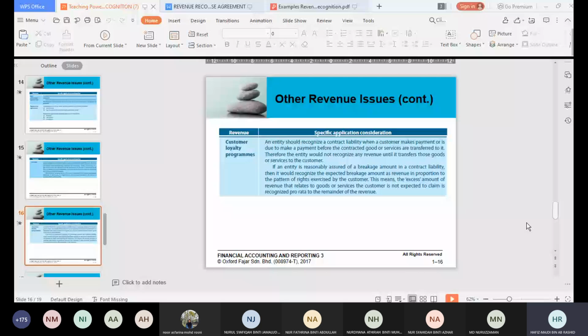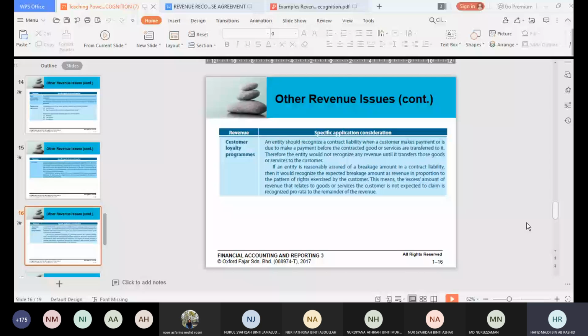For example, like renewal. You have another category called renewal option. So if you already have a 12-month contract, for example in telecommunication services, then the service provider will say, if you renew for another year, you will be able to subscribe at a lower price. So this is material rights.